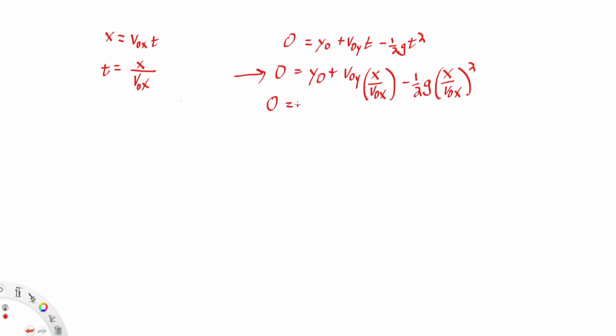So we have 0 equals y naught plus, and v naught y was v naught sine 40, and then we have x over v naught cosine 40, minus 1/2 g x squared over v naught squared cosine squared 40.